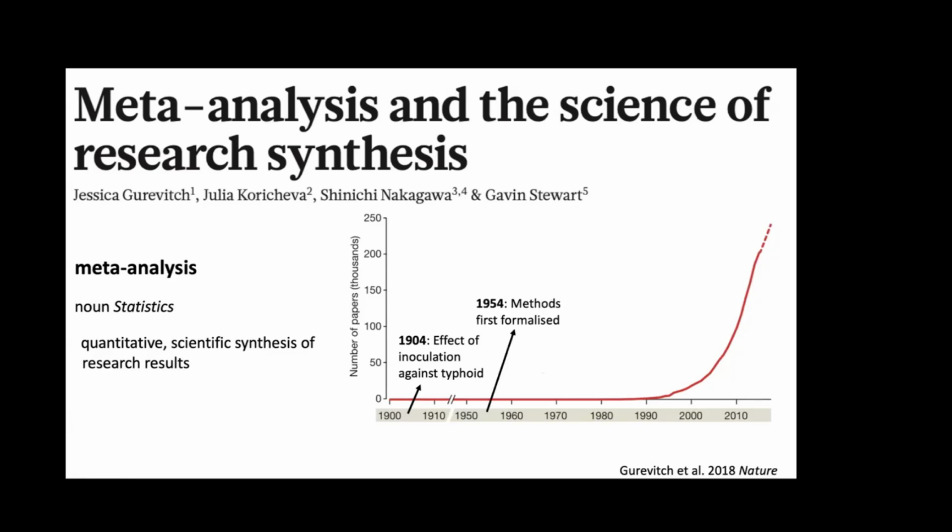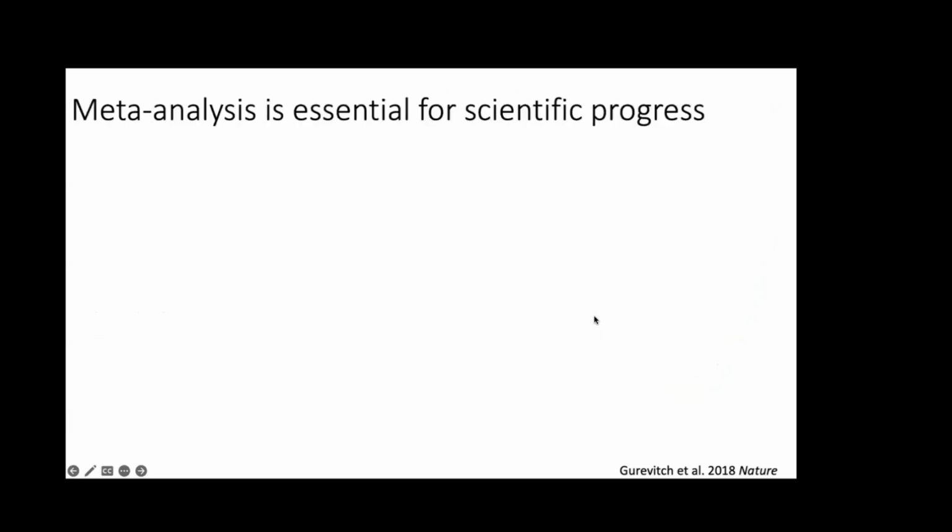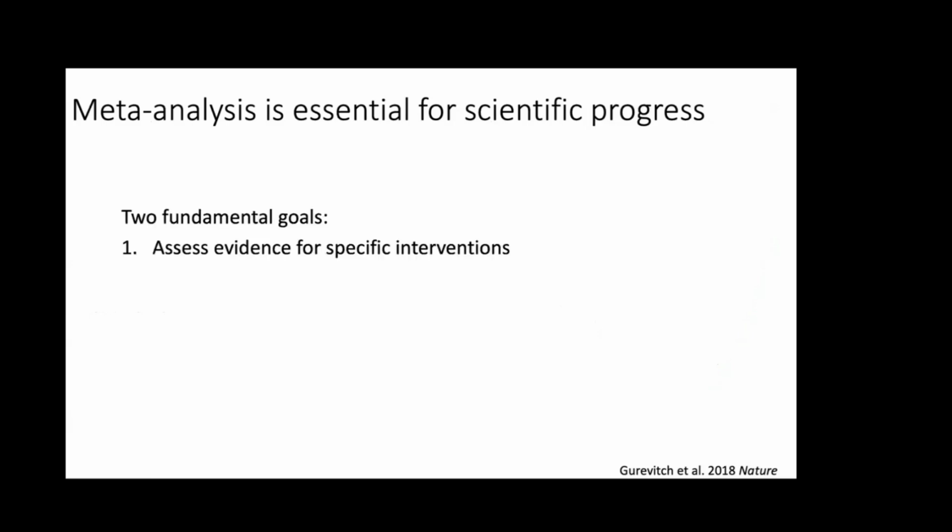From the 1950s, we started to have some statistical tools being formalized. And the term itself was born approximately 50 years ago in the 70s. It's now regarded as being a really important path for scientific progress, meta-analysis.